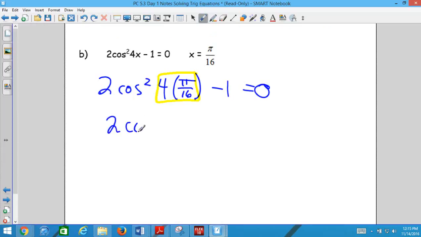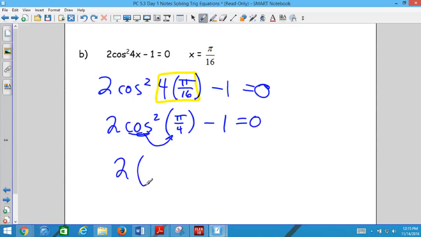We have 2 cosine squared of whatever that number is, pi over 4, minus 1. Then what you have to do is cosine of pi over 4 next. It's the square that happens last, in this case. It's just the weird way they set it up. So what's the cosine of pi over 4? Square root of 2 over 2.